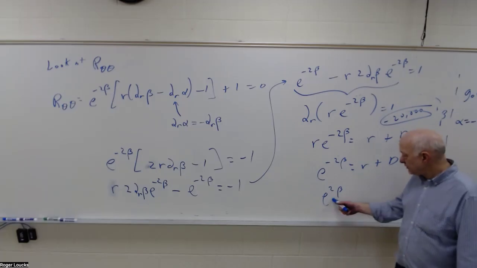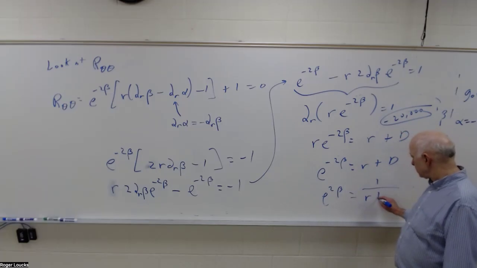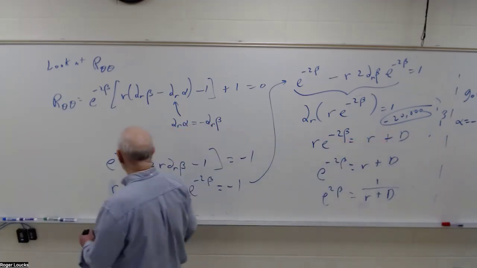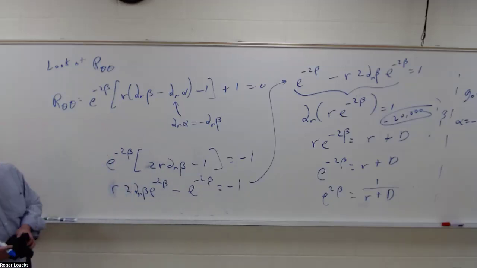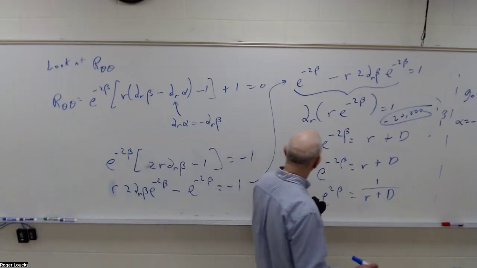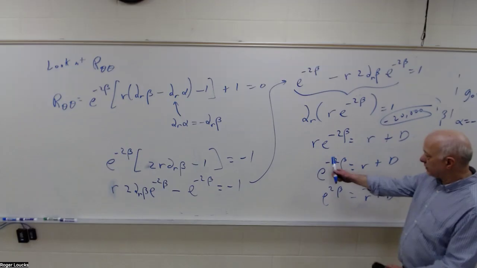Okay, so what does that mean? That means that my e to the 2 beta, the reciprocal of this, is exactly what it should be: R plus D. That makes sense. When you divide it through by R, that turns into 1 plus D over R. Oh, I had my R here.